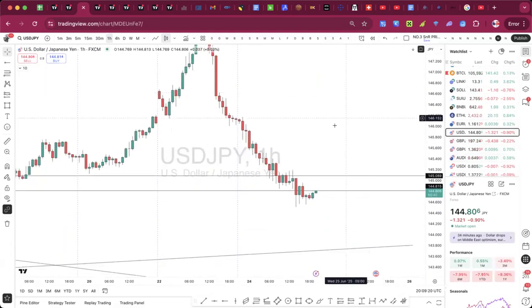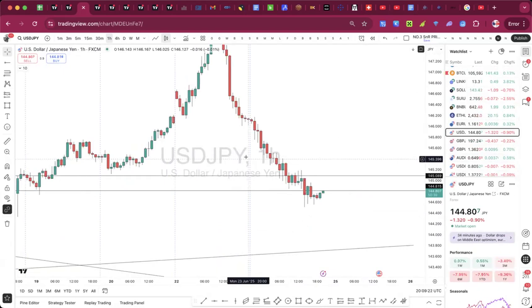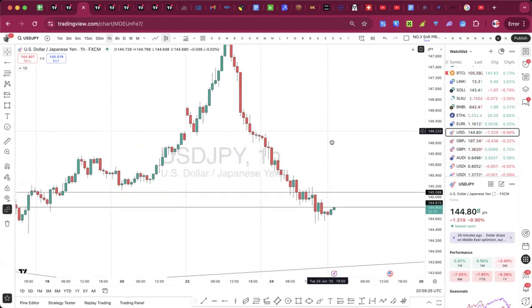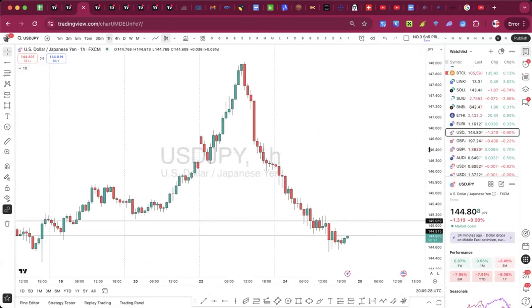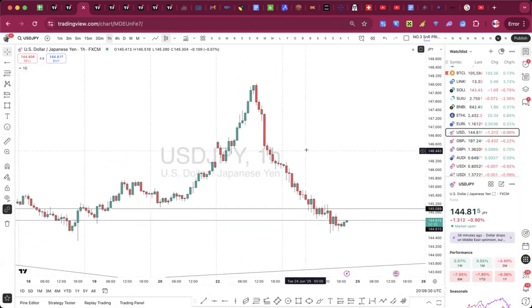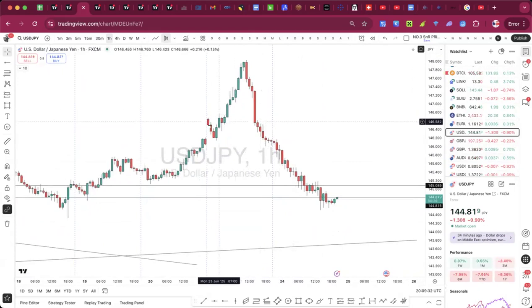So another instrument is this. If the DXY is going to make it, then chances are for this guy, even if it will still crash, because we have an imbalance over here, and probably layers of it.